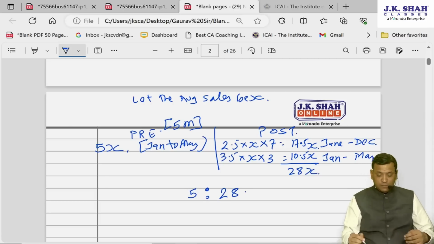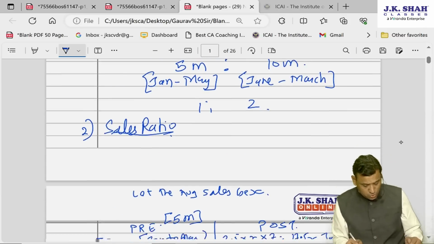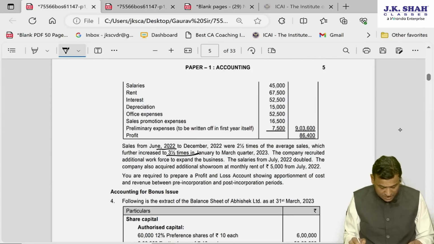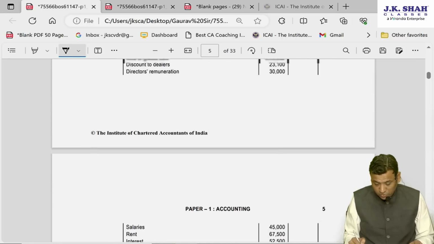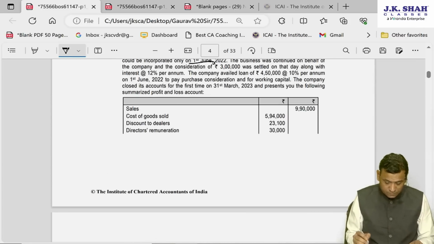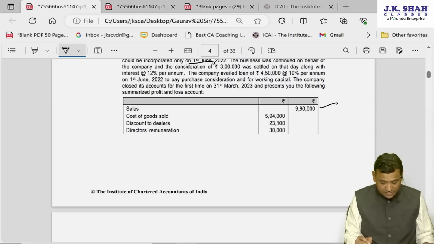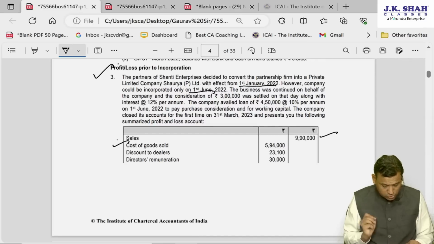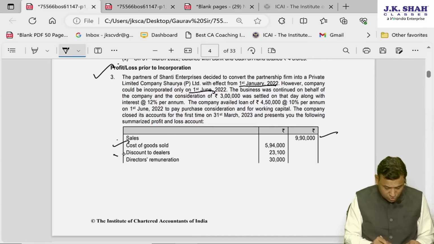So my sales ratio is 5:28. I got two things: my time ratio 1:2 and my sales ratio 5:28. Now let's move on with respect to each and every item. Sales will be in the sales ratio. Cost of goods sold also in the sales ratio. Discount to dealers will be in the sales ratio.